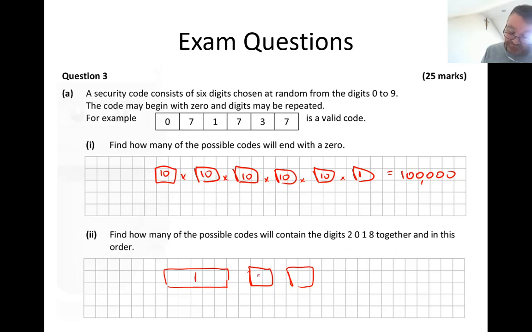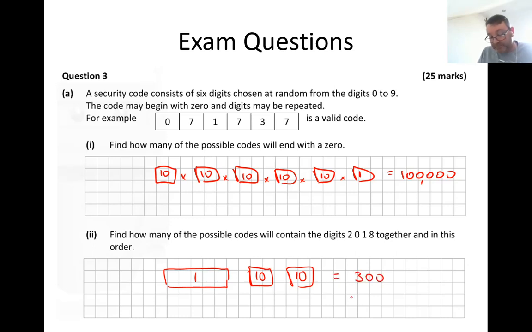We have 10 digits for here, and we have 10 digits for here. Now just be careful, because the 2018 can also take any one of these 3 positions. So that's the 2018, but that could be in 2nd place, or it could be in 3rd place. So therefore, 10 tens are 100, but 100 times 3 is equal to 300.